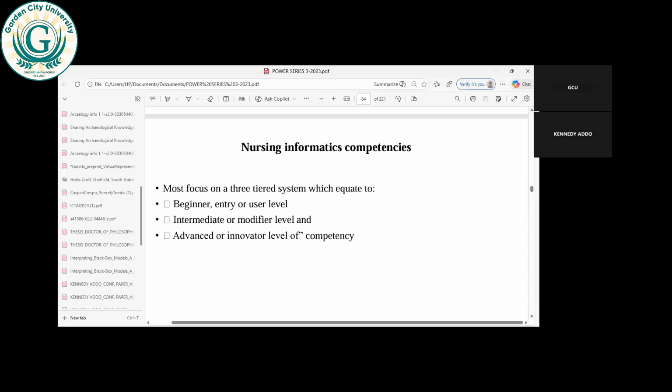Then you also apply the same thing to leadership competencies. When we are done, in the same manner, we apply the intermediate or modifier level in view of technical, utility, and leadership competencies. The same way, we also follow the last one in that order. So let's take note of it.